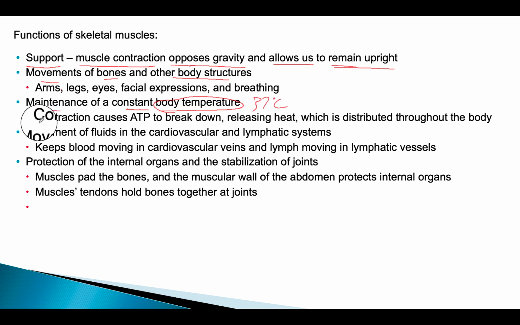So how is the muscle able to maintain this temperature? Via contracting, causing ATP to break down, releasing heat, which is then distributed throughout the body. So when the muscles contract, it breaks down the ATP, which releases heat. So that's another function there.